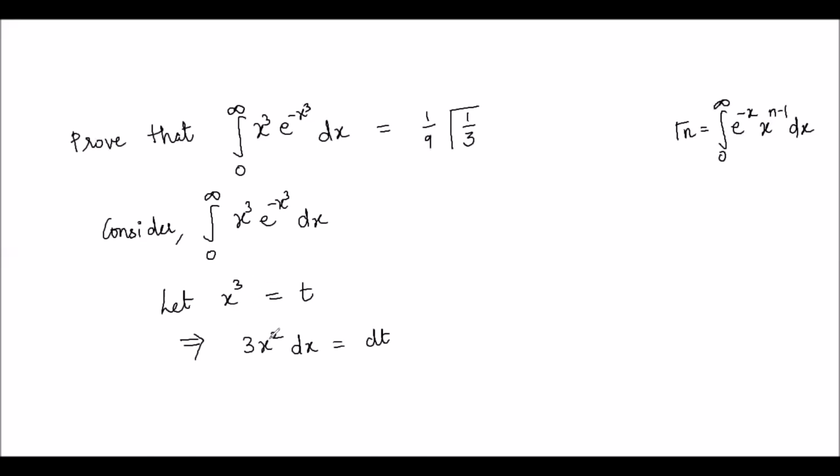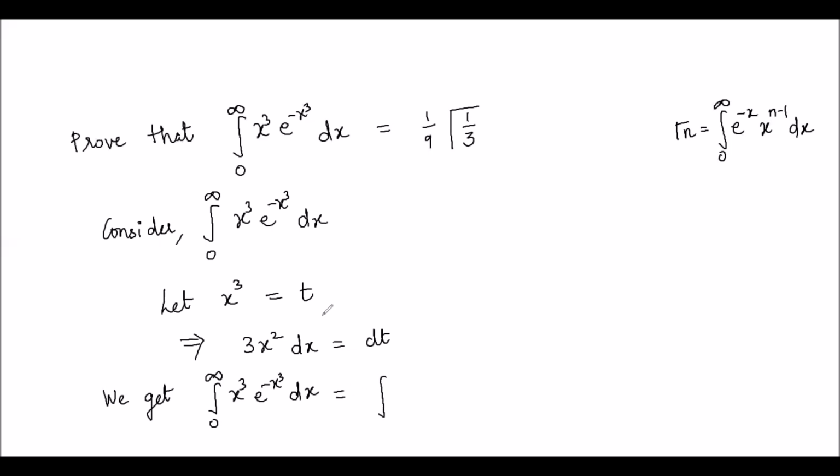And with the help of this substitution, let us convert this integral which is present on the left hand side in terms of t. This is the given integral, which is the left hand side of the result which we have to prove.